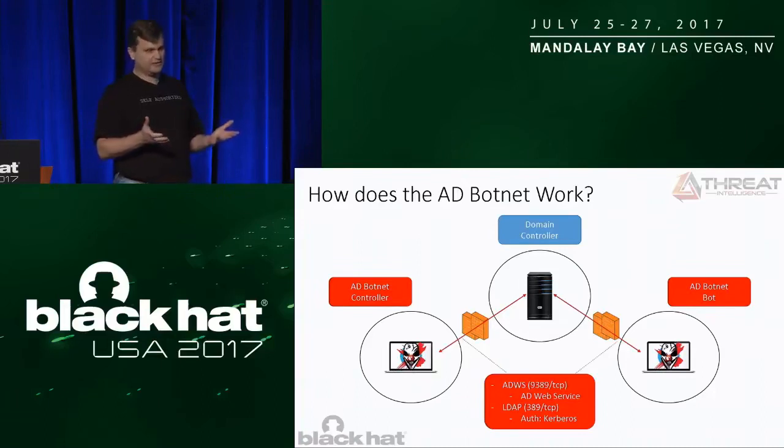And so it's not something that's easily viewable if you've got an intrusion detection system or something like that on your internal network. It's not something that's going to be easily visible on any of your network detection mechanisms.